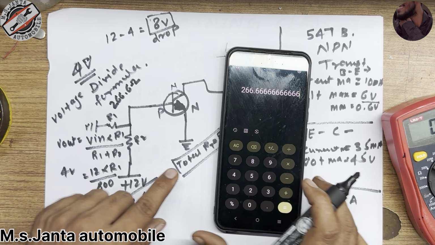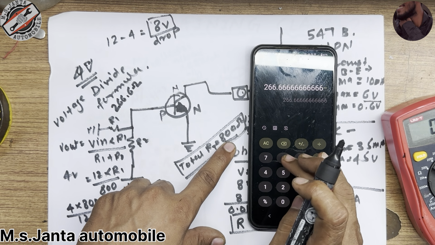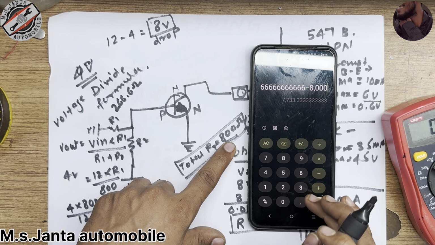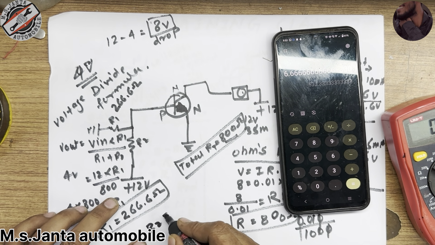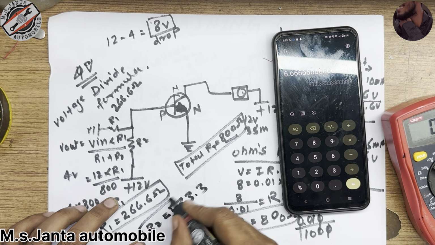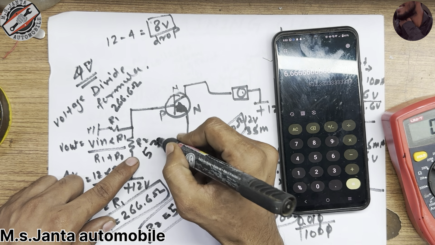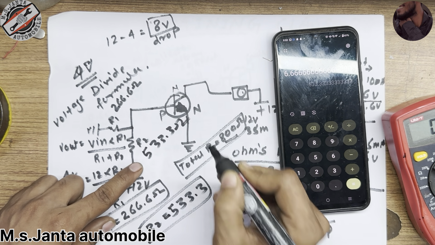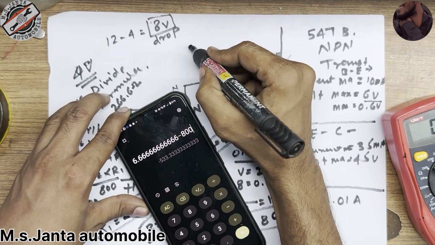You just subtract from 800. So we have R2 is equal to 533.3. Okay, so the R2 value is 533.3 ohm. So this is also called transistor biasing.